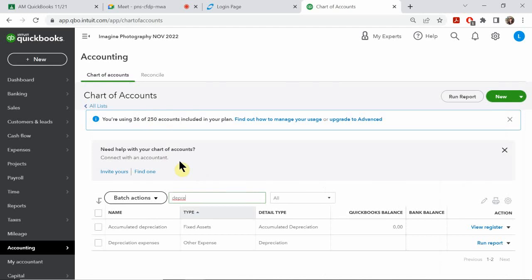So I type in depreciation, and here is the accumulated depreciation and the depreciation expense. Because when we did our first entry to acquire a fixed asset, QuickBooks automatically creates the depreciation expense and accumulated depreciation accounts for you. So yes, I do have them.